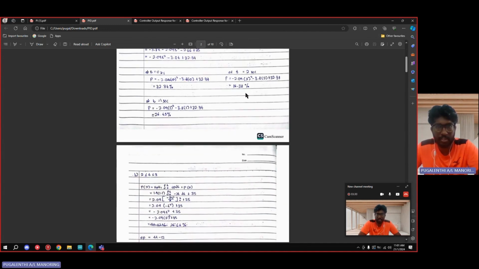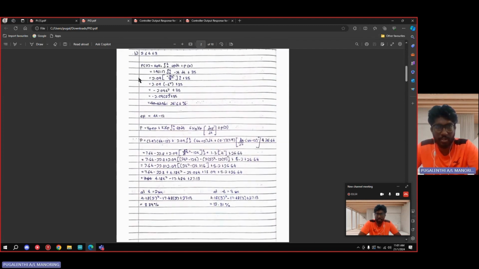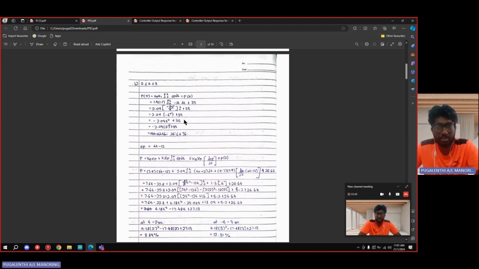For example, for 2 seconds, I got 16.38%. When I do the calculation for EP equals 40 minus 12, I got a different value, which is 8.89%. And we also still need to find the new P values.